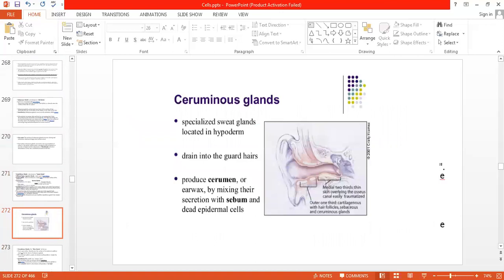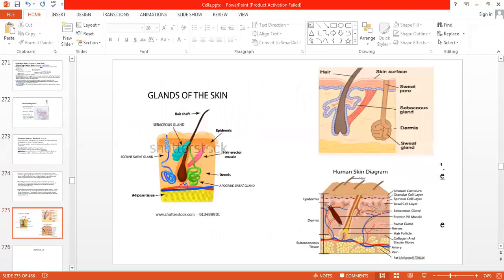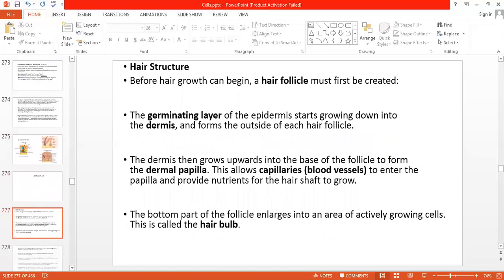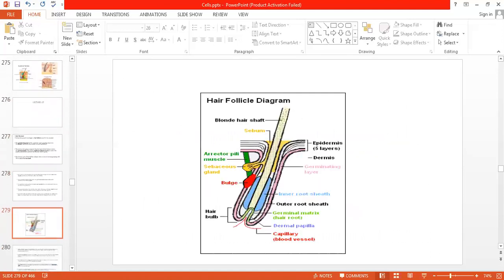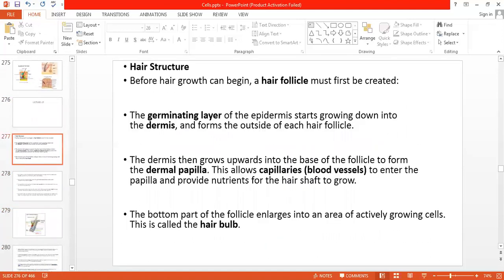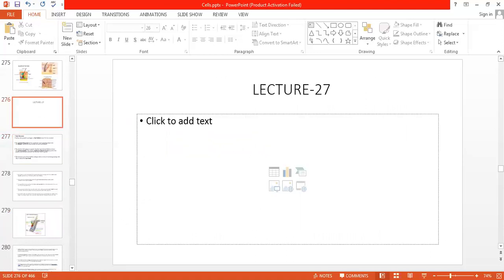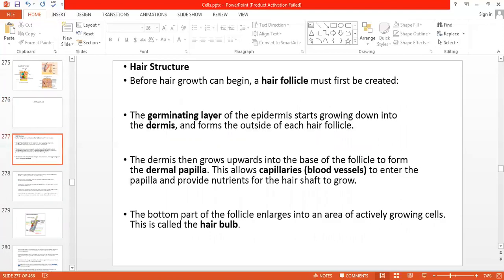Then the ceruminous gland, which is present in the outer part of your external ear. So this is all for today. Next class, we will discuss the hair structure.